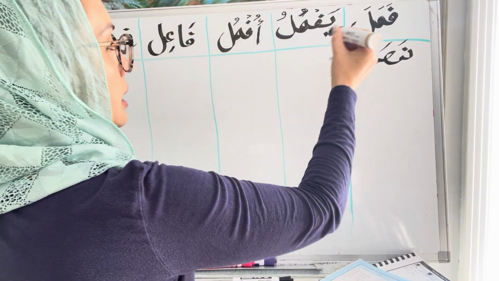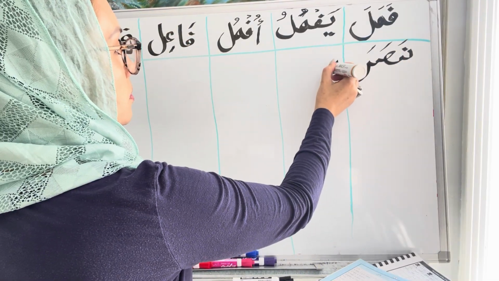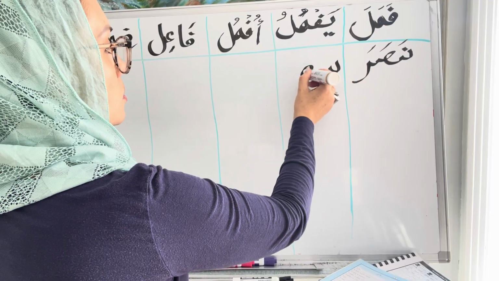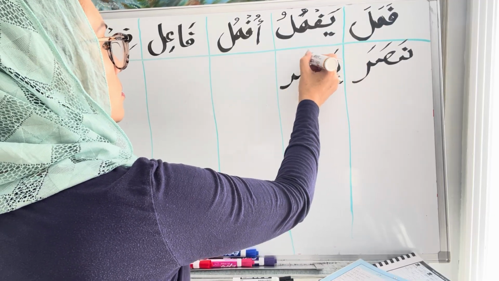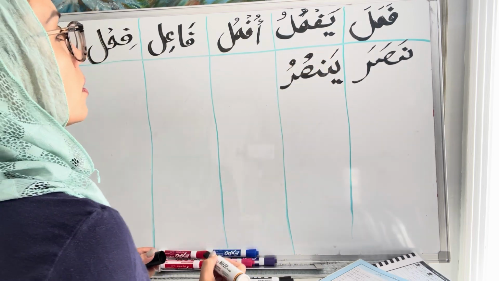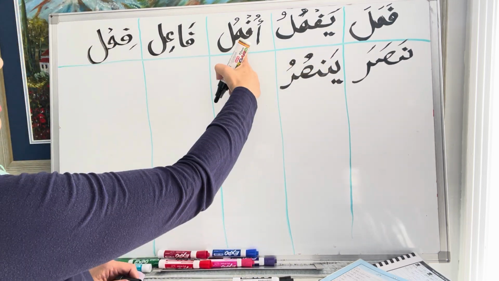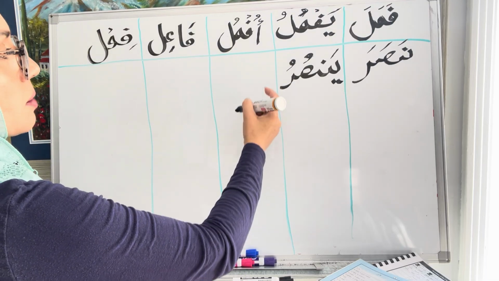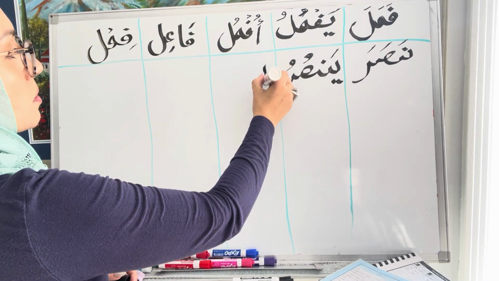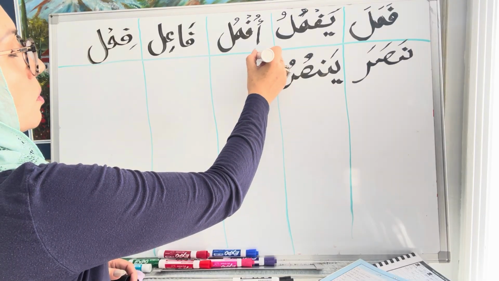Nasara, yansuru. So here we have to follow this pattern. This is uf'ul, so yansuru becomes unsur.